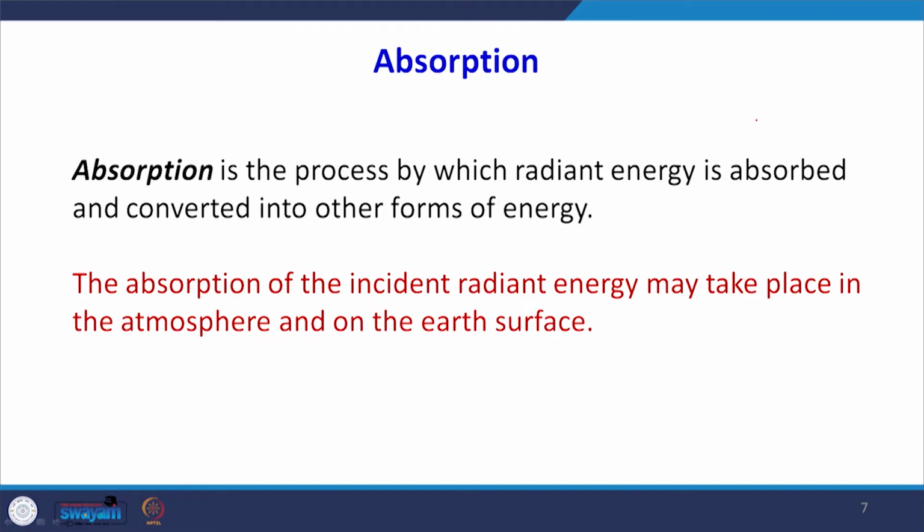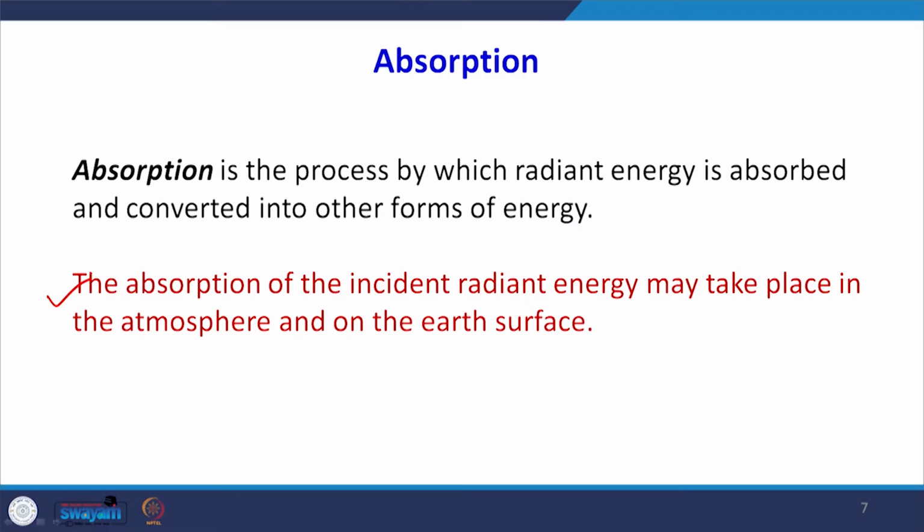Absorption, what is that? It is the process by which radiant energy is absorbed and converted into other forms of energy. Any object will absorb the energy and convert it into different forms of energy. Let us take the example of an iron piece. If you keep the iron piece in the sun for a while, you will find that it has absorbed the energy and its temperature has risen.